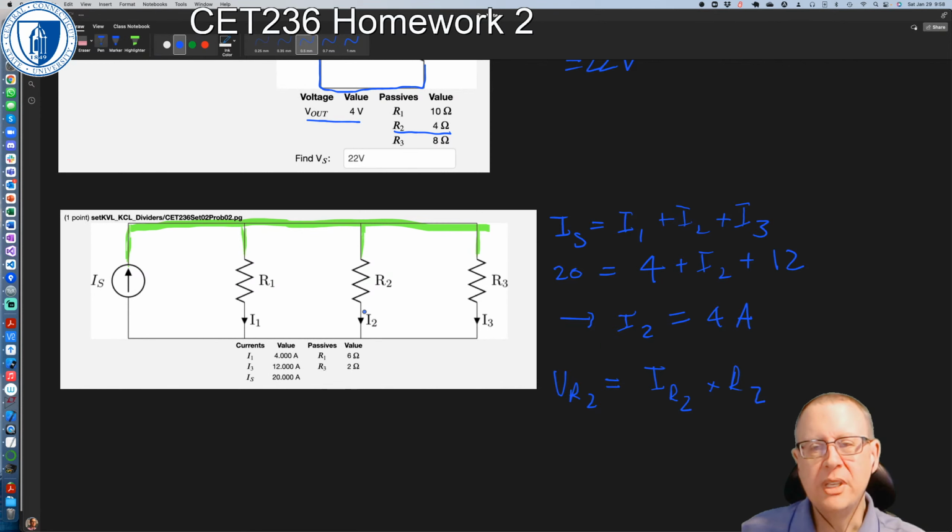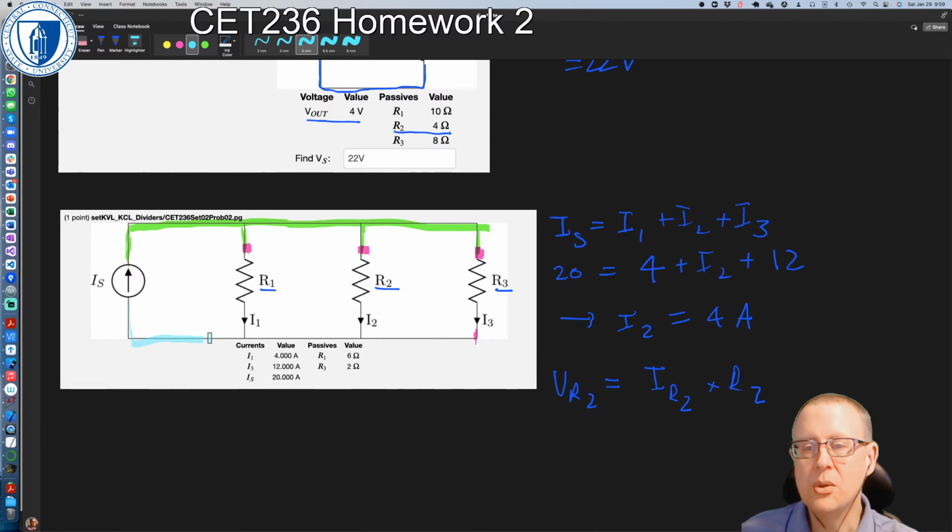But we know because R1, R2 and R3 are all in parallel, right? Remember, parallel means that they're connected between the same two nodes, right?